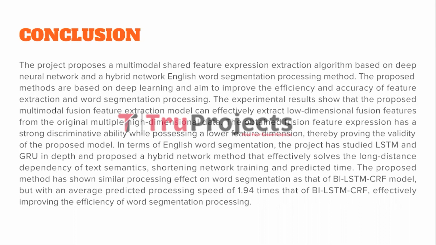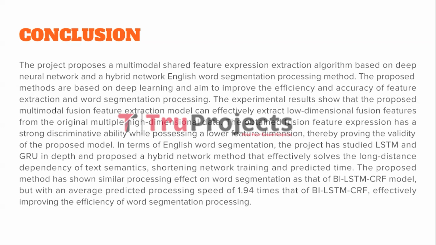The obtained fusion feature expression has a strong discriminative ability while possessing a lower feature dimension, thereby proving the validity of the proposed model in terms of English word segmentation. The project has studied the LSTM and GRU in depth and proposed a hybrid network method that effectively solves the long-distance dependency of the text semantics, shortening the network training and prediction time.